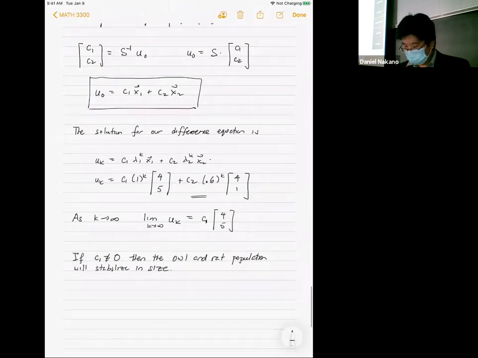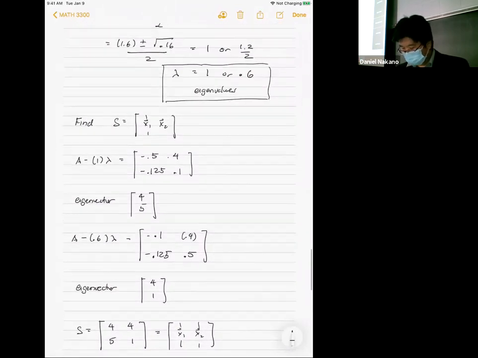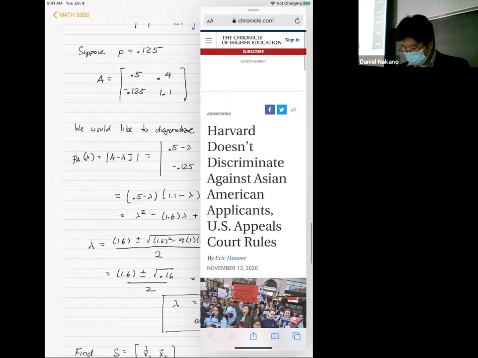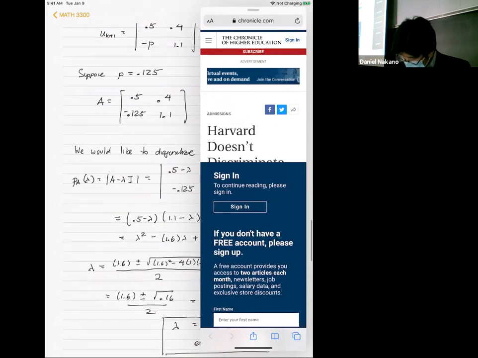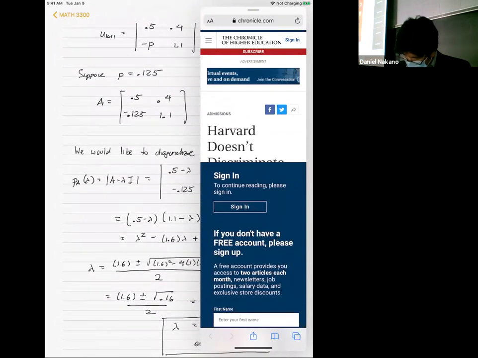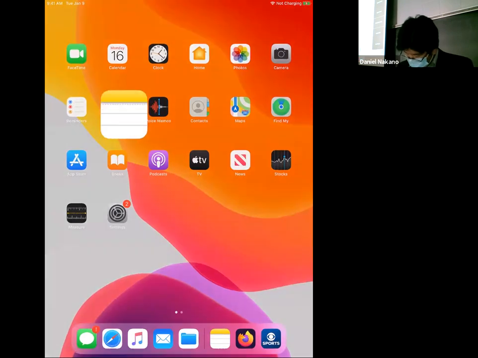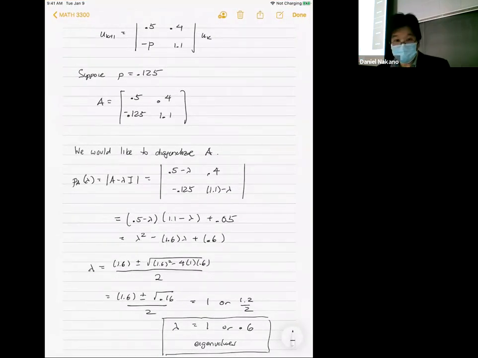Now, if you notice, if I change this P up here to some other value, then it's going to change this dynamical system.